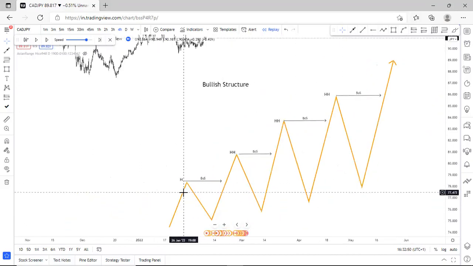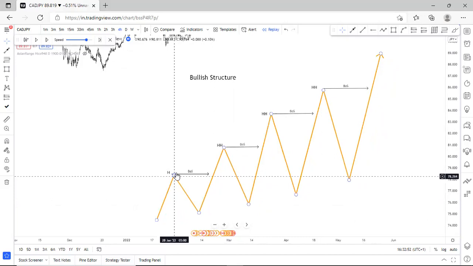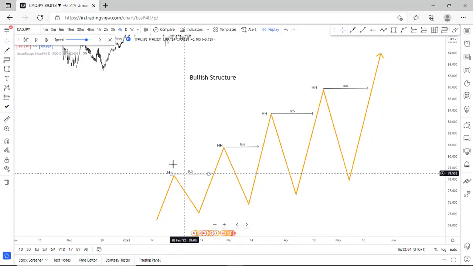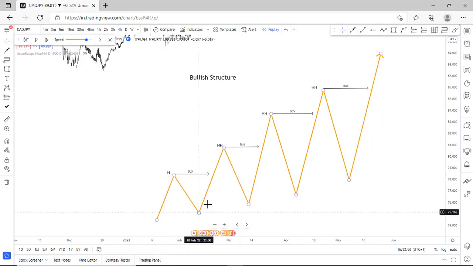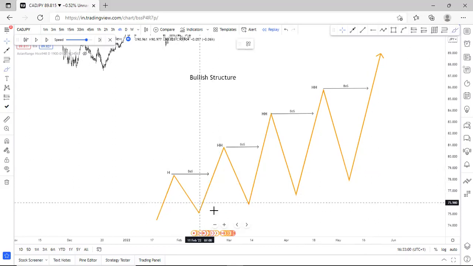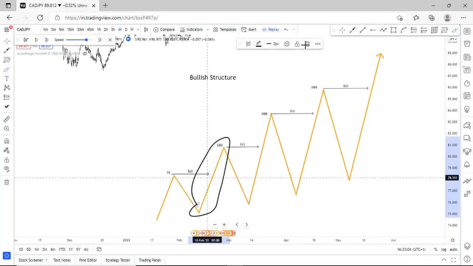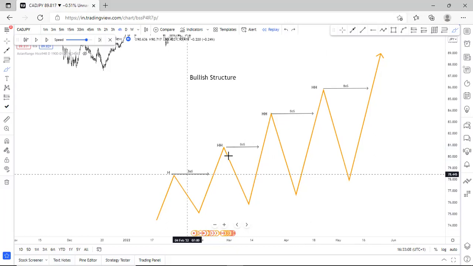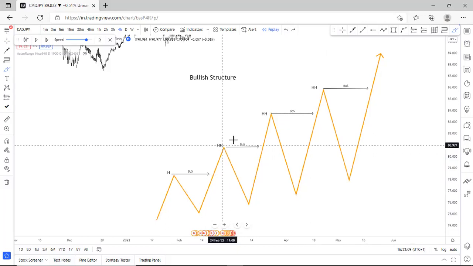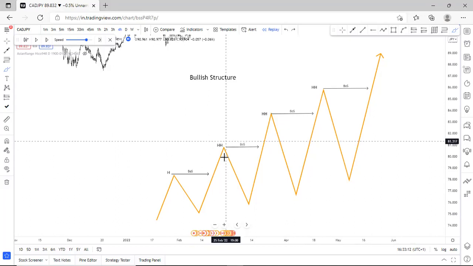In the bullish structure, we always have a high in the market, which is then taken out by a leg, by a push. It's being taken out by this push to the upside. So once this high is broken above, we create a new high, which is called a higher high.